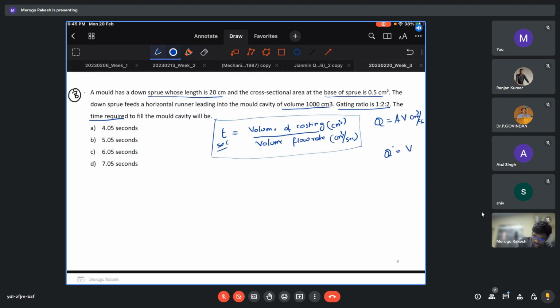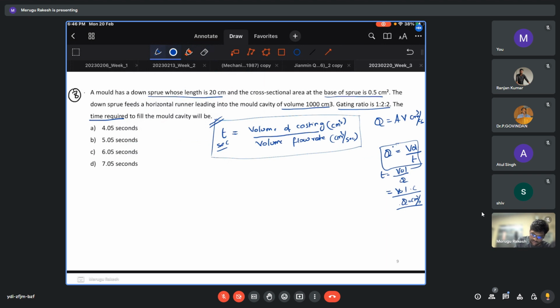Centimeter cube is nothing but volume, divided by second is nothing but time. So time is equal to volume by Q. That is nothing but volume of the casting divided by volume flow rate, that is centimeter cube per second. It looks odd, but a simple way to remember. But this is the straightforward formula, so no need to worry much.